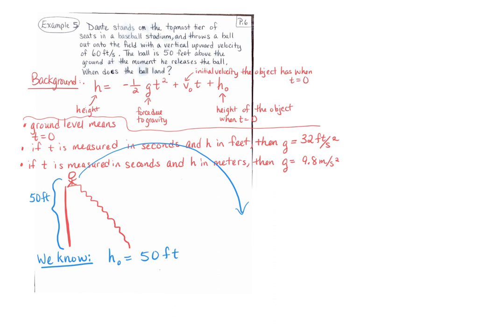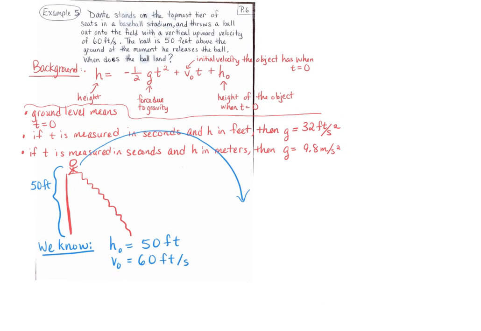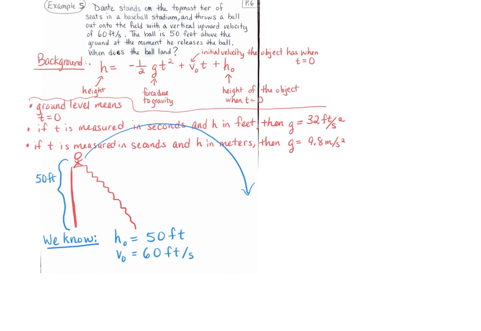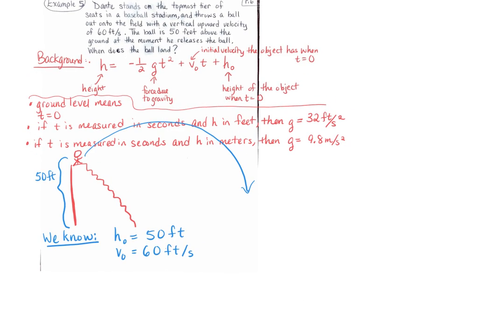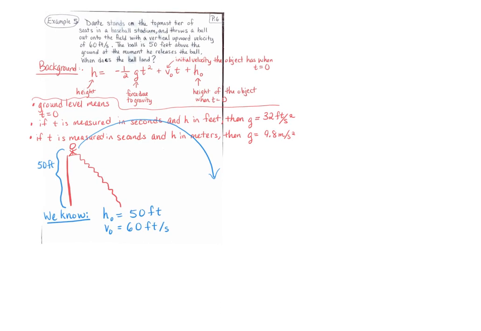We also know that v naught is equal to 60 feet per second. Okay, so what does that mean? That means we know that we want to find t when h is equal to 0.